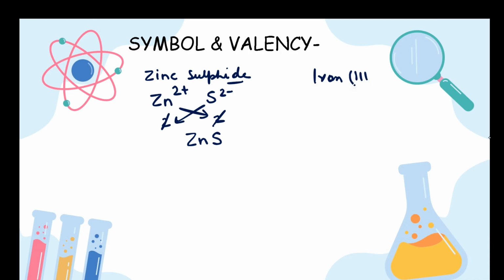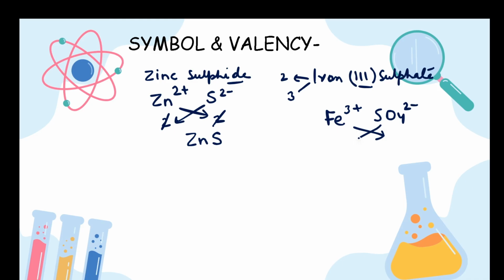Next, if we write iron 3 sulfate. Earlier we had discussed that there are certain elements which show variable valency, and iron shows a variable valency of 2 and 3. Here the valency for iron given is 3. Iron's symbol is Fe and its valency is 3 plus, and sulfate is represented as SO4 2 minus.